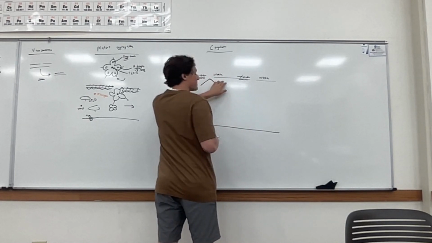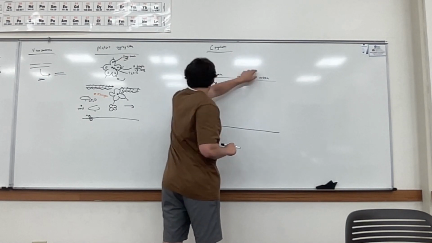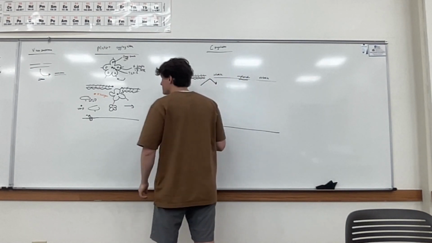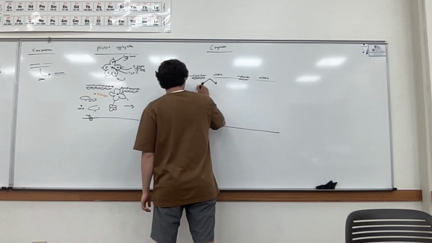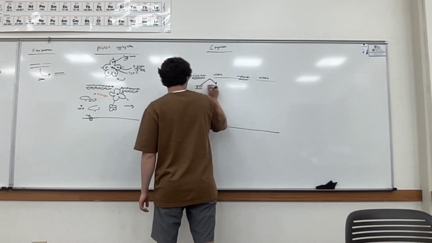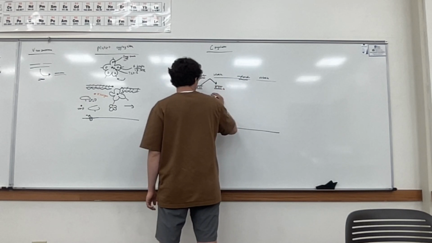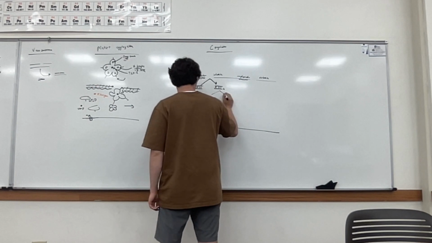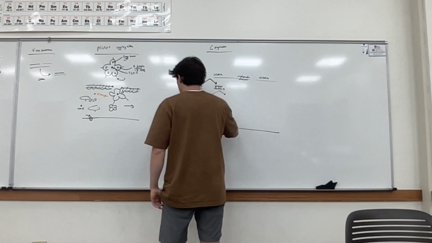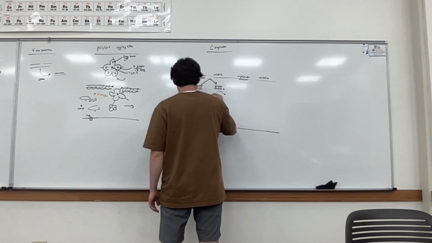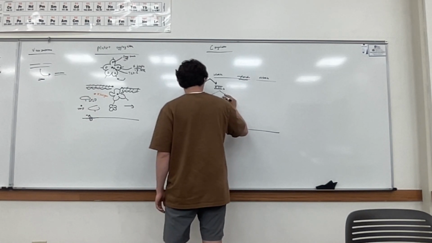Intrinsic, something from the inside is activating it, and extrinsic, something from the outside is going to be activating it, and you use different proteins. This one we have factor 13, and it goes into an activated factor 13, and then we have factor 11 to an activated factor 11.